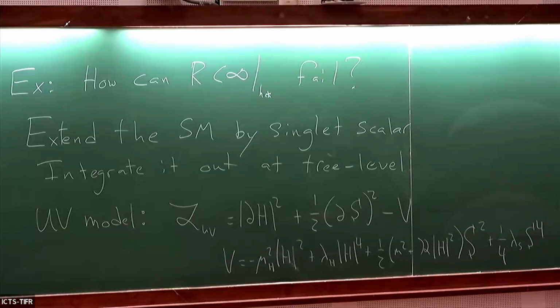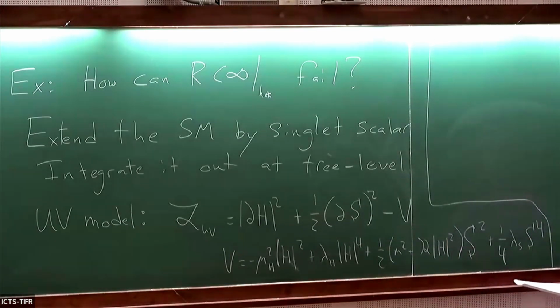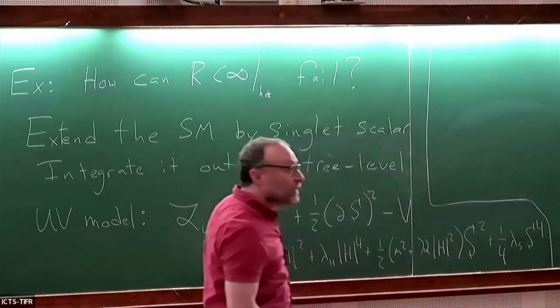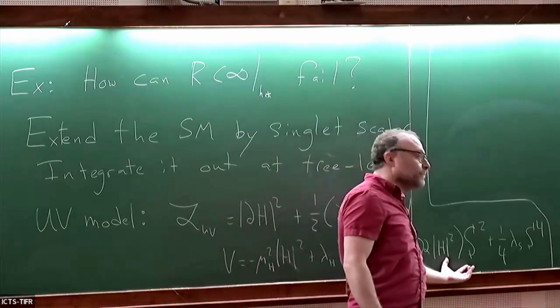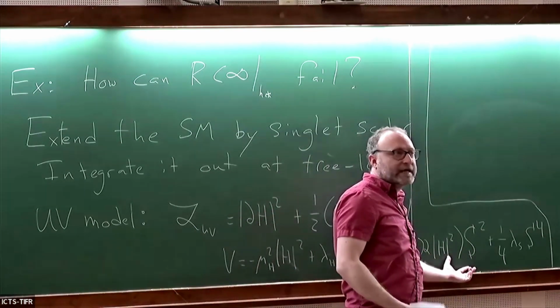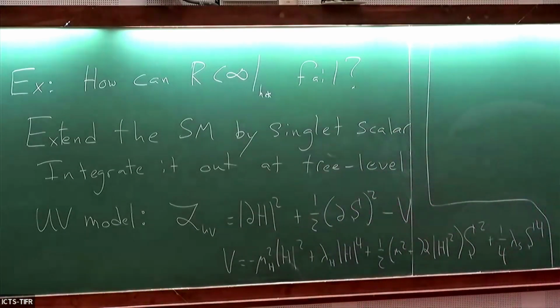So then we can just integrate this out at tree level. Notice that having some tree level interaction requires the singlet to get a VEV. So really I have this term generating a cubic vertex with the singlet, and that's really what's being generated here.